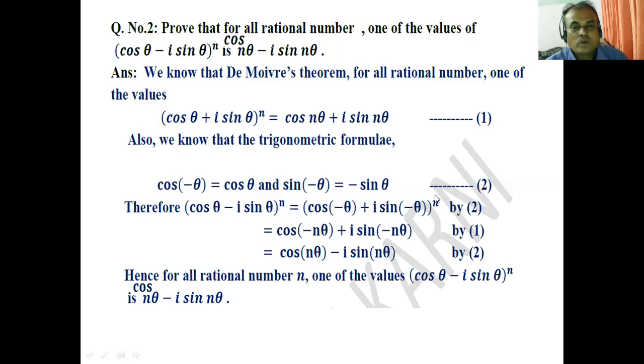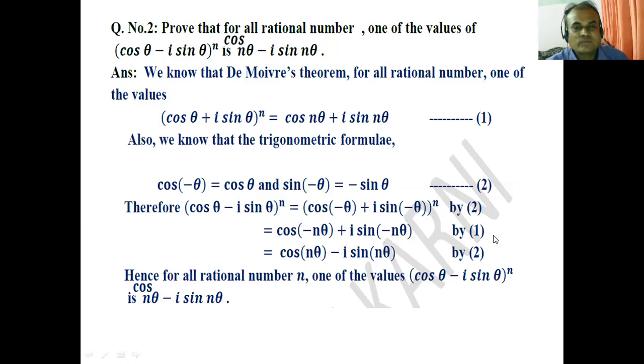Now we know that for the positive integer n, by using De Moivre's theorem, equation 1, this is equal to cos of minus n theta plus i sine of minus n theta.